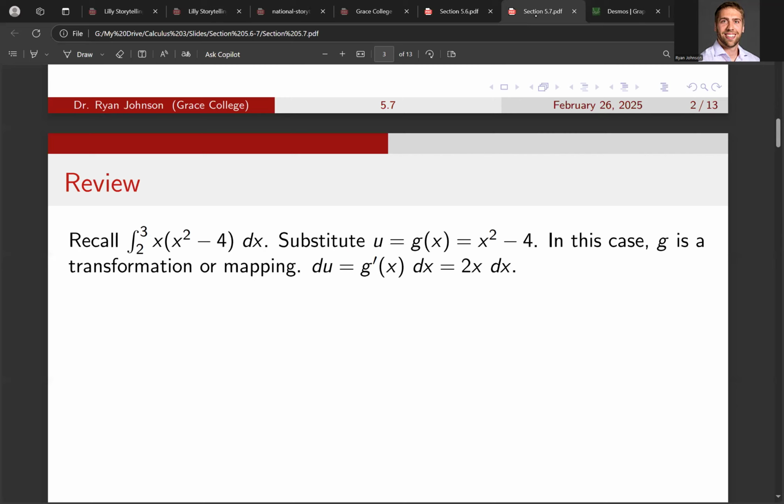And then du is going to be g prime dx, right? So basically you're defining u as a function of x, and then du is just g prime times dx.